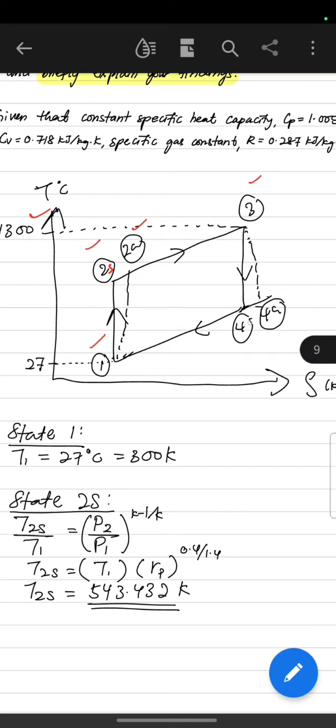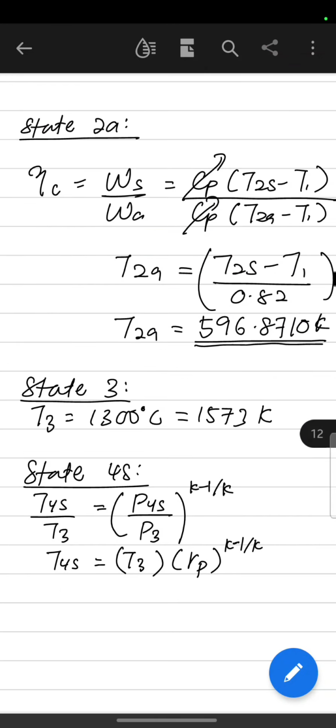Now we are trying to look for your T4S and also T4A. So when you solve your problem in sequence, after you got your T2A, you now state your state 3 over here, which is 1300 plus 273, so you are going to have 1573 Kelvin, right? Next we are going to solve for the isentropic state at 4, which is state 4S.